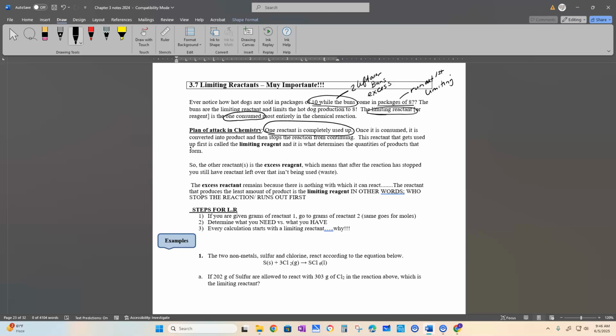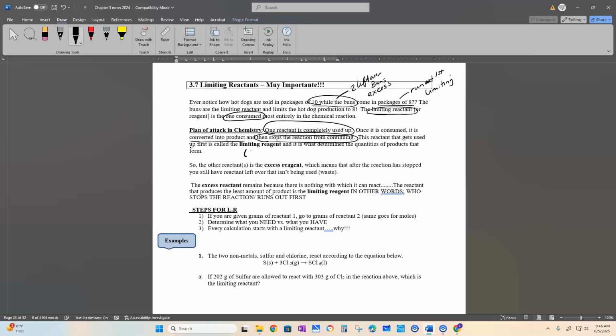And once we know who was consumed first, we convert to the products. When we convert to the product that they want us to solve for, that's how we know who's going to stop the reaction, because theoretically you can only produce that much product.